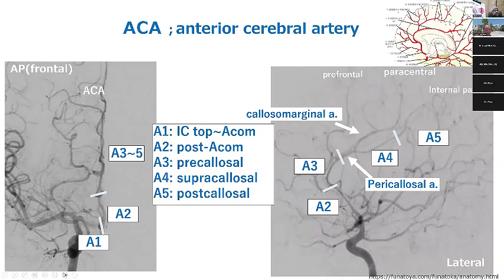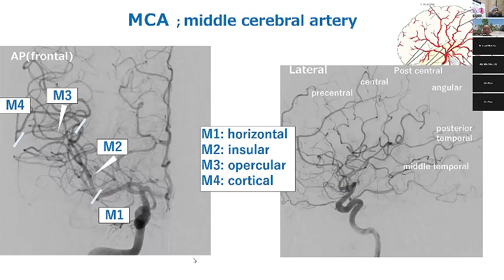Then I'd like to talk about the middle cerebral artery, MCA. The MCA arises from the top of the ICA here, running laterally through the sylvian fissure and bifurcates or trifurcates into distal branches, running on the surface of the insula and operculum here, and finally it is divided into several cortical branches.